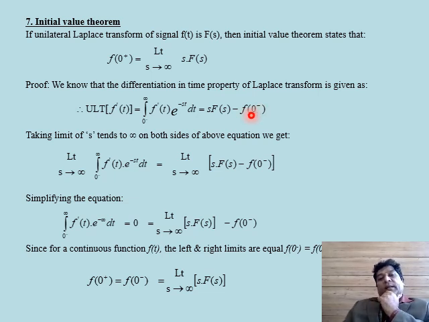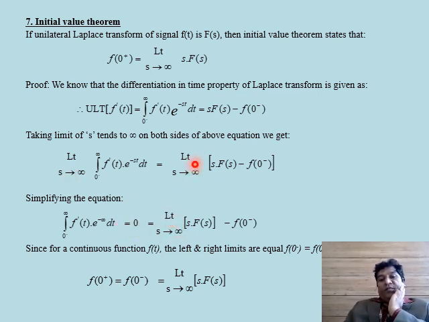Now we take the limit s tends to infinity on both sides. So the limit s tends to infinity of this integral will be equal to the limit s tends to infinity of s F(s) minus f(0⁻). Now when you take the limit s tends to infinity in this integral, you will get e^(-infinity). So this entire integral as s tends to infinity, the limit will be 0.